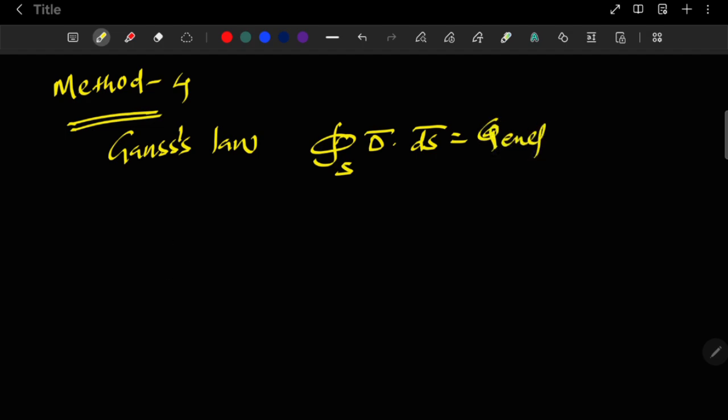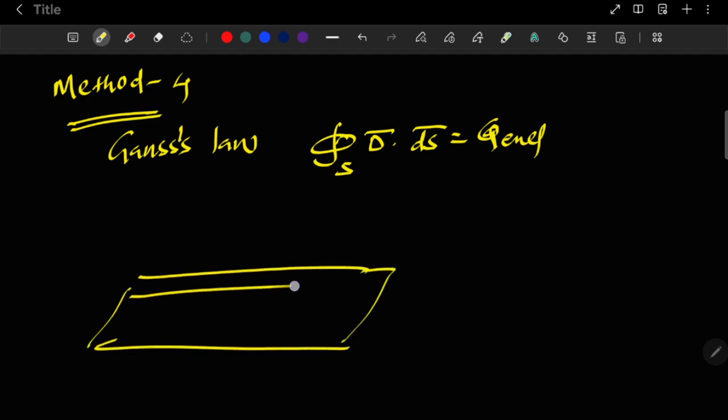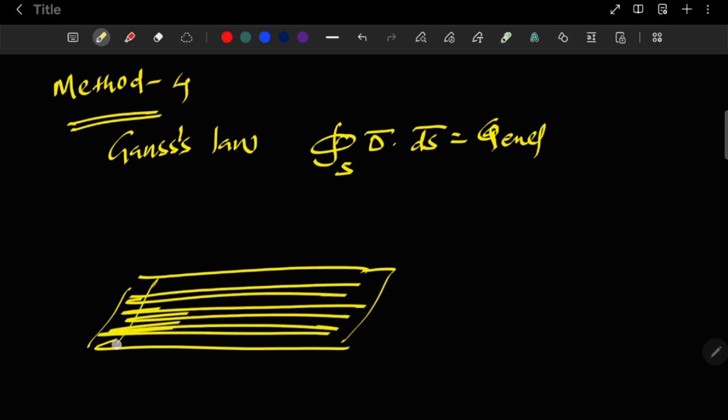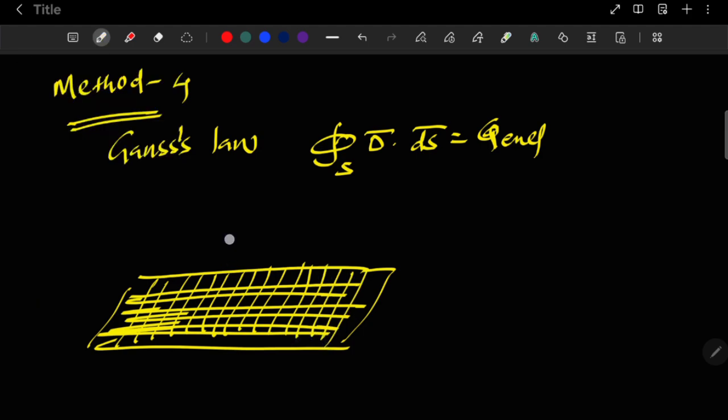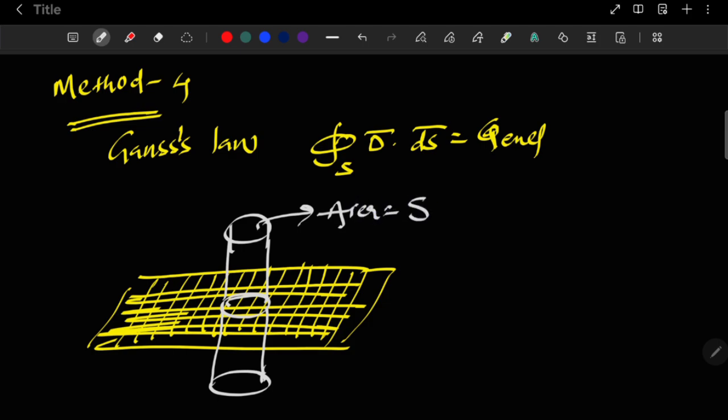Okay, so we'll take the sheet like this. We'll assume the cylinder is the Gaussian surface. Okay, I will assume this cross-sectional area is S. Because it is having plus rho S, it will give the radiation away from the sheet.